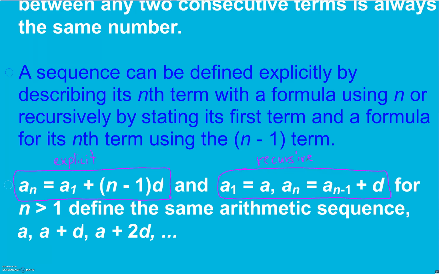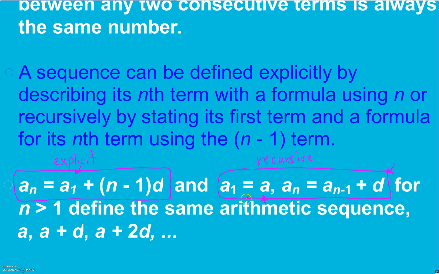Okay, in both of them we had to say where we started. We say it inside our formula for explicit. For recursive, we just have to list it. Because in recursive, we repeatedly add a value, our common difference here. So we need to know where to start from. Okay, so two different equations here.